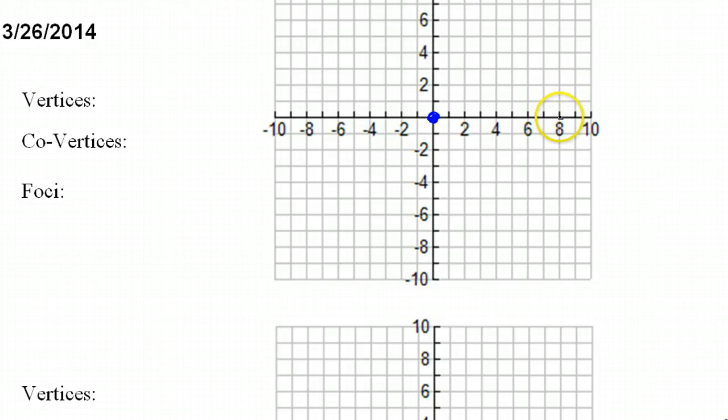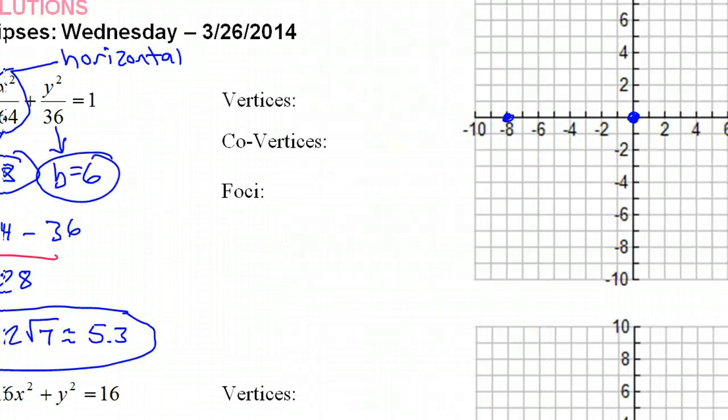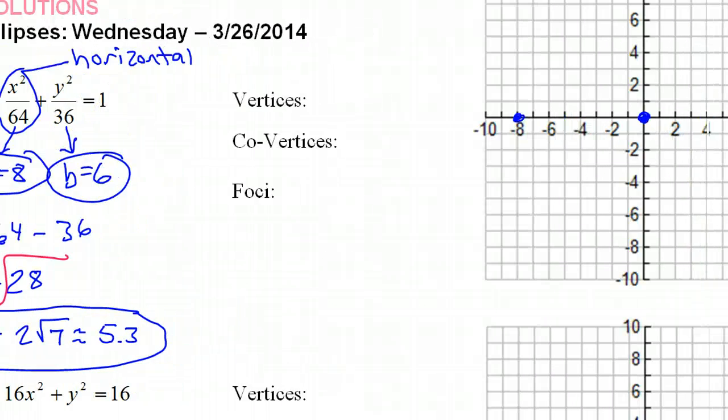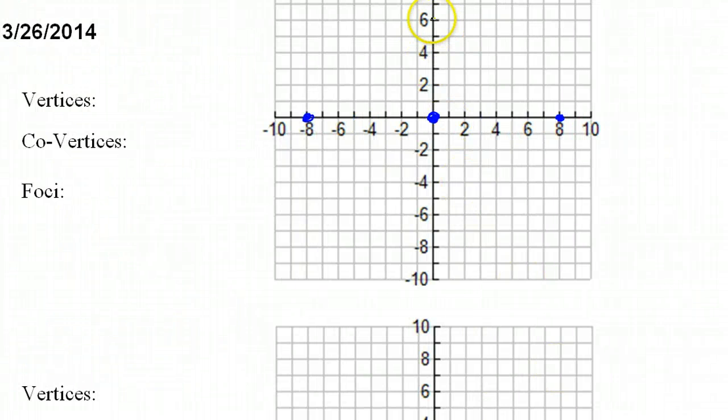So I will be going over to the right 8, and I'll be going over to the left 8. Now this B, this 6 came from the y, so when I do my 6 up and down, I'll be doing that in the y direction. Right there, that tells me that the ellipse is going to be looking like this.